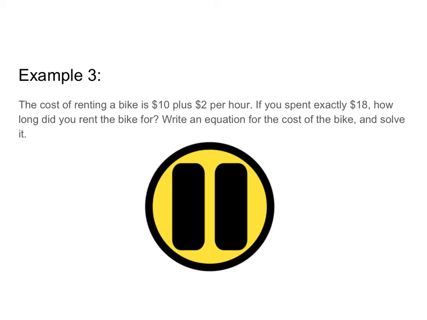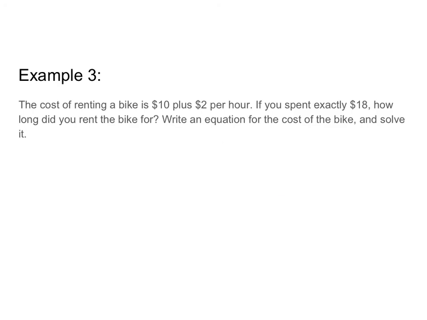Okay, example 3. Pause, try and write the equation, and then solve it. Remember, finding the answer isn't the point here. The point is writing the equation. All right, so here I'm going to use H to represent the hours rented.